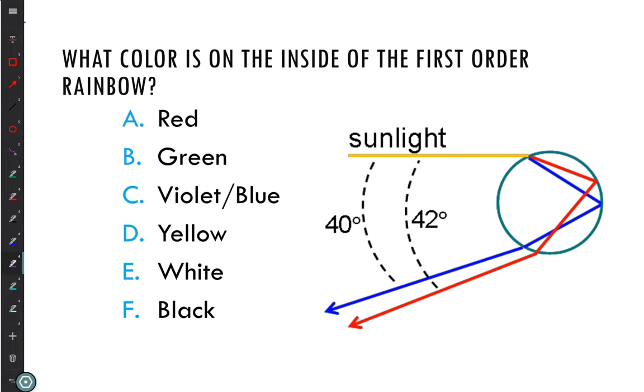Okay, so clicker question. What color is on the inside of the 1st order rainbow? And we got the picture there to help us remember how that came out.